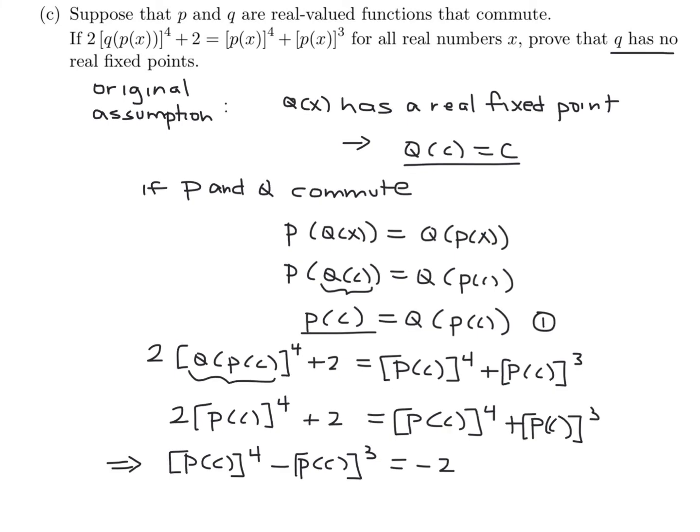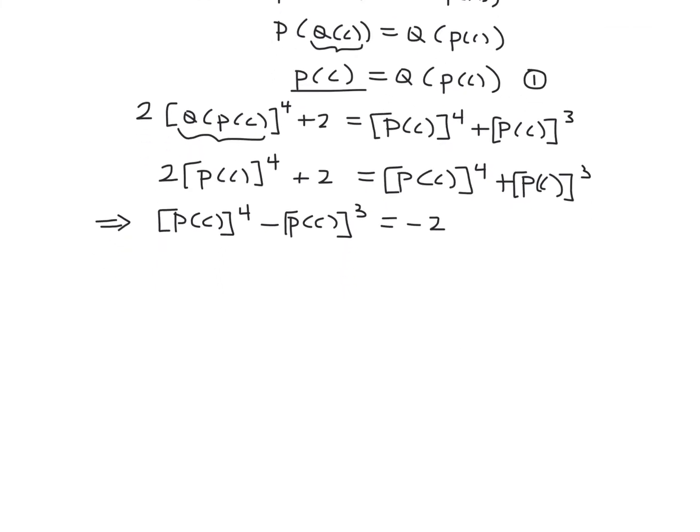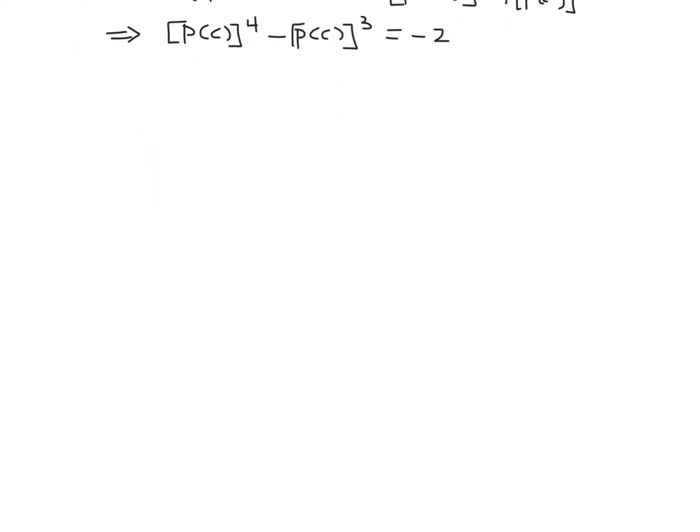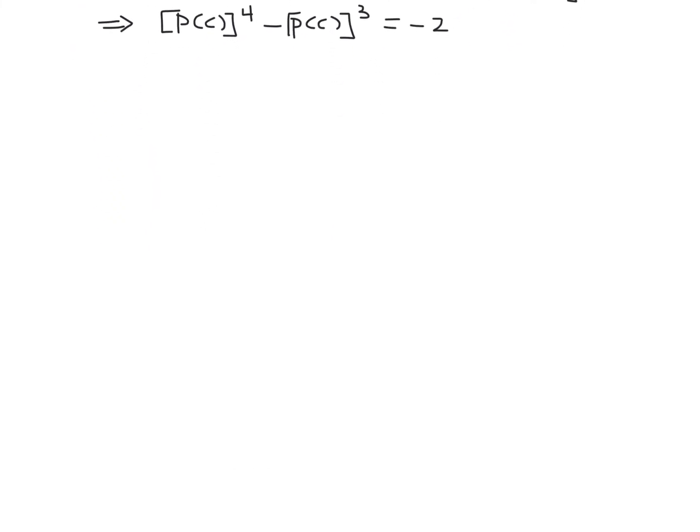All right, so this is my equation that I have to work with. I have to show, is this possible or not? If it's possible, then my original assumption is correct. If it's not possible, then my original assumption is incorrect. So is this possible? Okay, let's see. So we've got to look at some scenarios, but just to make it a little bit more digestible, I'm just going to call p at c equal to a.